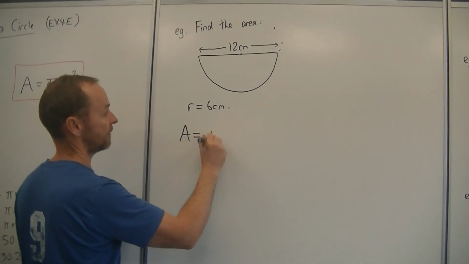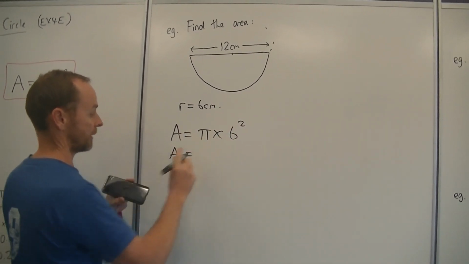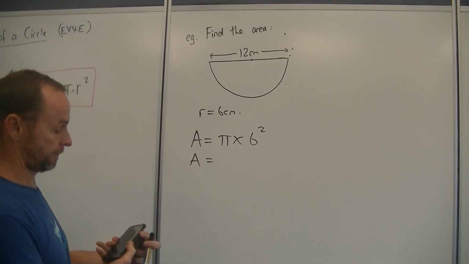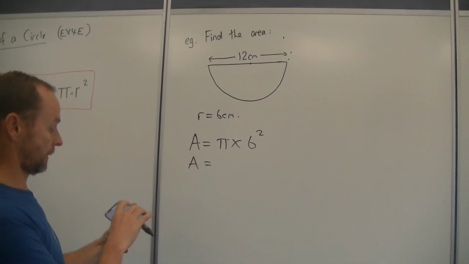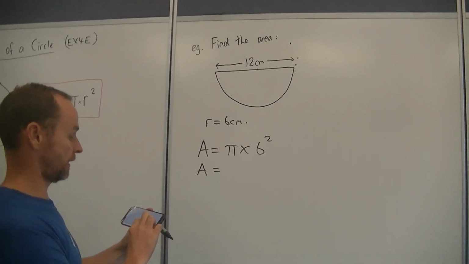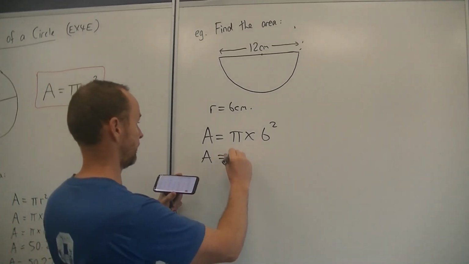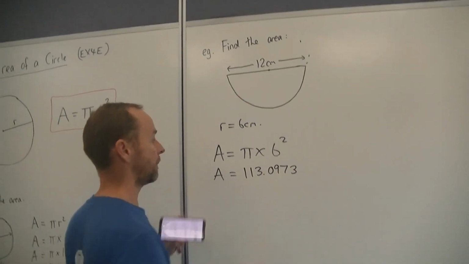So my area is pi r squared, so pi times 6 squared. Chuck that straight into our calculator. My calculator's turned off. Okay, so 6 squared is, oops, there we go. So 36 times pi. And I get 113.0973.